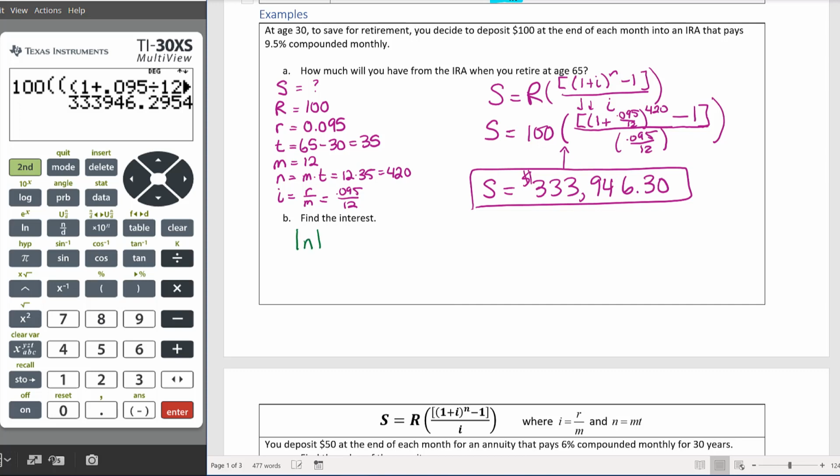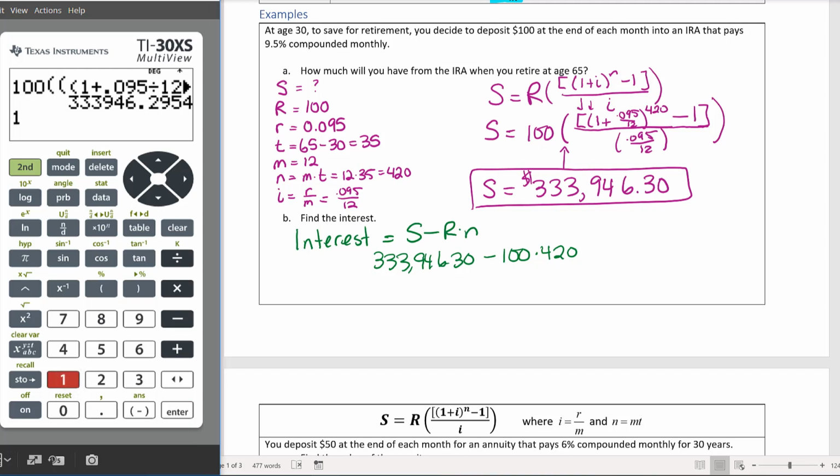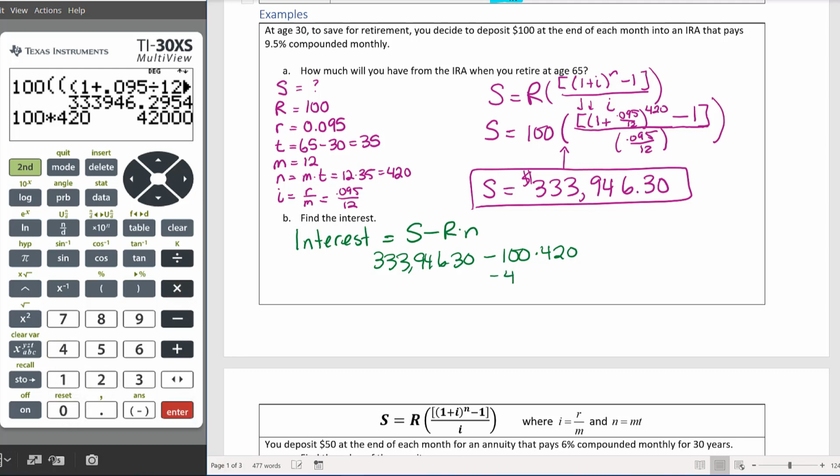So we know that interest from our formula above is equal to S minus R times N. S is the 333,946 minus the recurring payments. You have $100 every month, and you did that for 420 months. So if I just take 100 times 420, it turns out that you added $42,000 to your annuity.